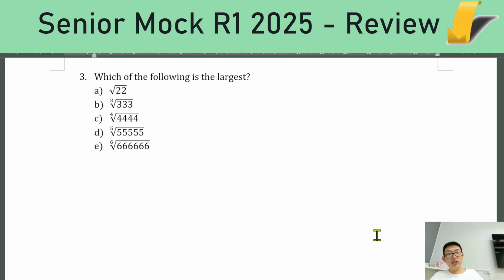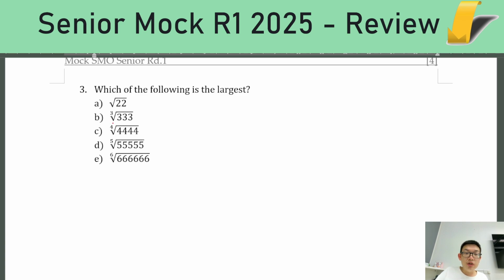This is actually a good idea sometimes, which is that just see if you can, like if you see a clear pattern, I mean this pattern is very obvious, just imagine extending it in both directions to extreme values. Let's say if you were to go up 1 step, this would just be 1. And so clearly 1 is smaller, and so we have reason to think that it's actually getting bigger. And if you extend it to the 9th root of, like, let's say 9 nines, this is going to be very close to 10. So we can roughly say that in fact the numbers are increasing, and probably the answer is E.